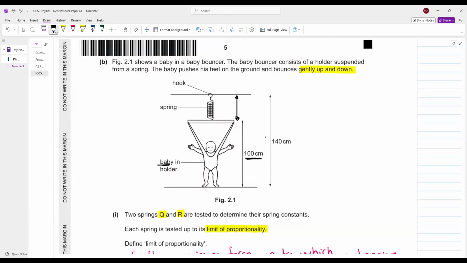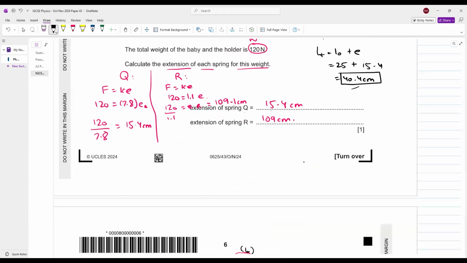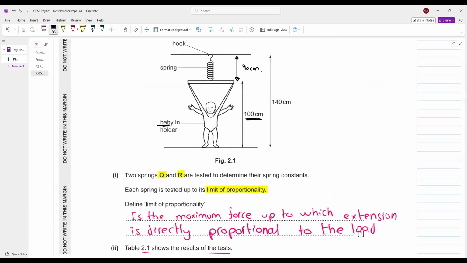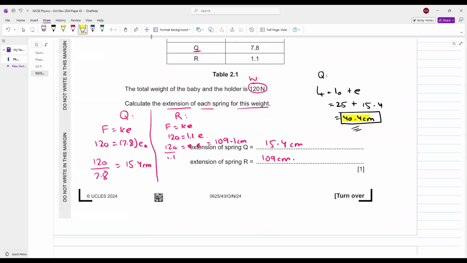How much length do you have for the spring? Approximately 40 centimeter. And the length of spring Q is also approximately 40 centimeter. So spring Q seems to be a justifiable option because the length that we have for a spring is 40 centimeter and the total length of the spring is also 40 centimeter.